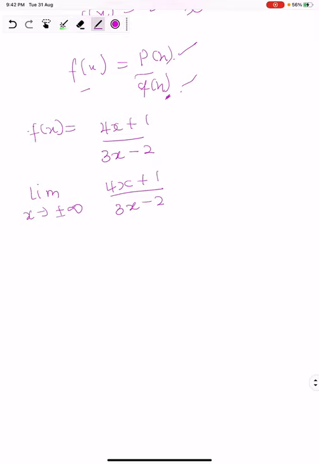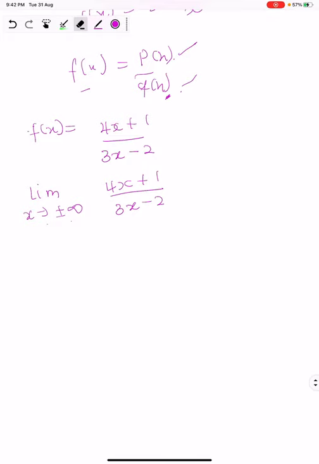If I'm to find the limit of a rational function where both numerator and denominator are polynomials, and the limit is approaching plus or negative infinity, we divide both the numerator, each term, and the denominator, each term, by the highest power in the denominator.